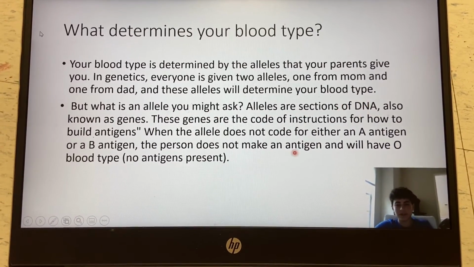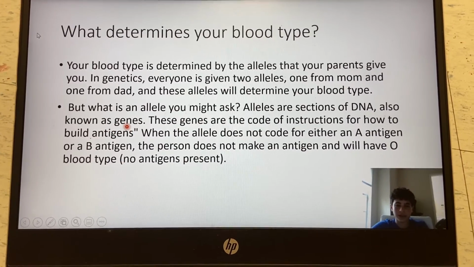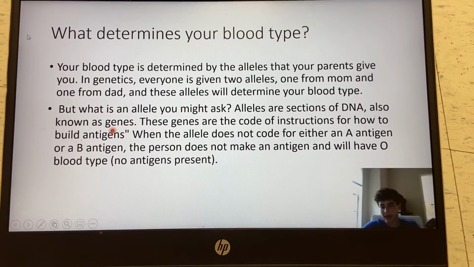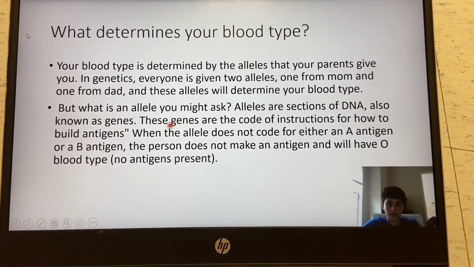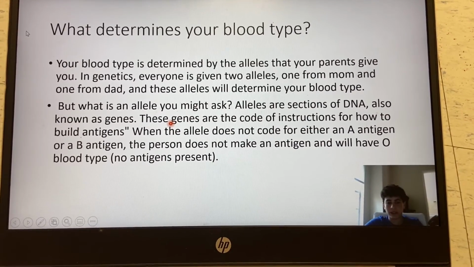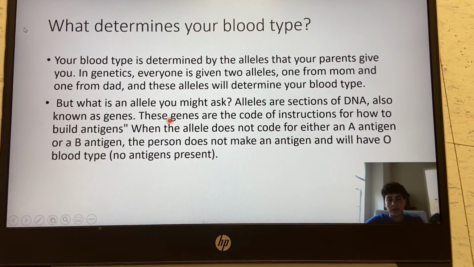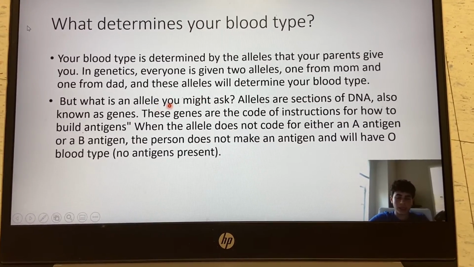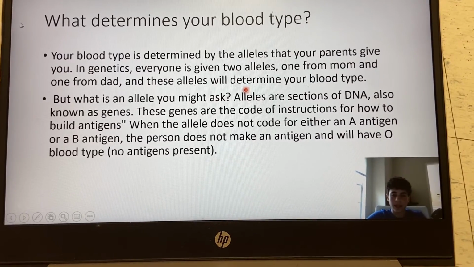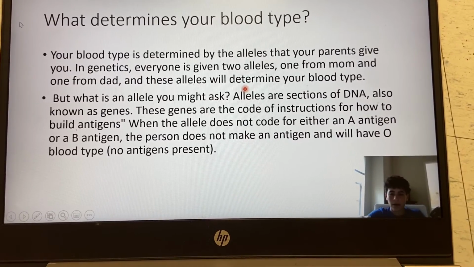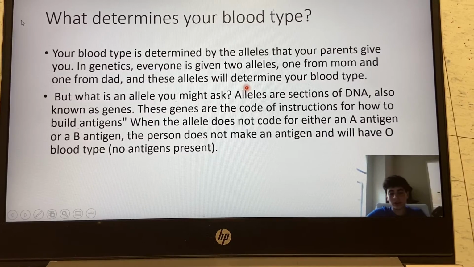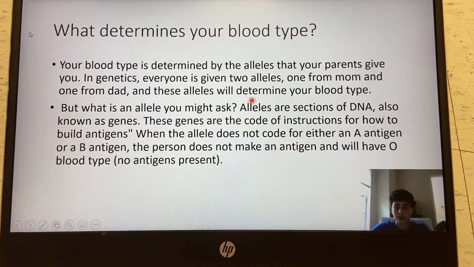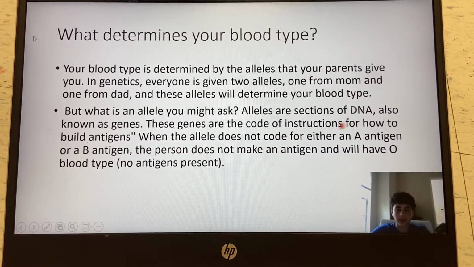Alleles are sections of DNA, also known as genes, and these genes are the code for instructions for how to build antigens. The antigen is going to be on the side, and the genes, or these alleles, have their instructions for your body for what antigen to put on the outside of the cell.